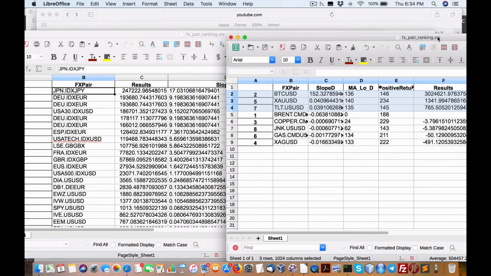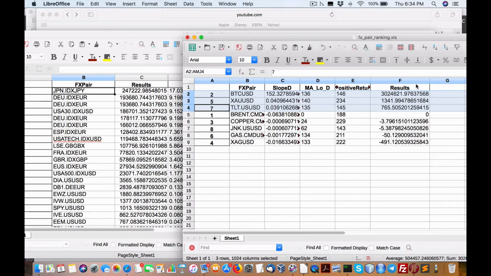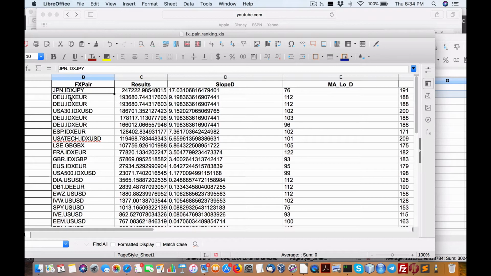But here, again, when you compare the results of the Bitcoin, gold, and Treasury up against the indices, our best performers are the Japanese, the Deutsche or German index, and then the top 30 index for US. So that's as defined by Dukascopy. But surprisingly, you can do well with Spain, US technology, and then LSE overall as an exchange.